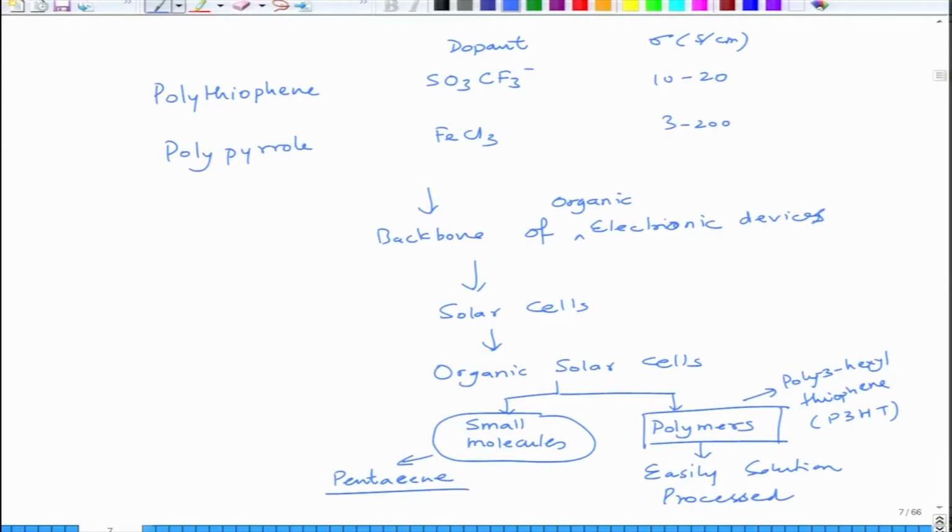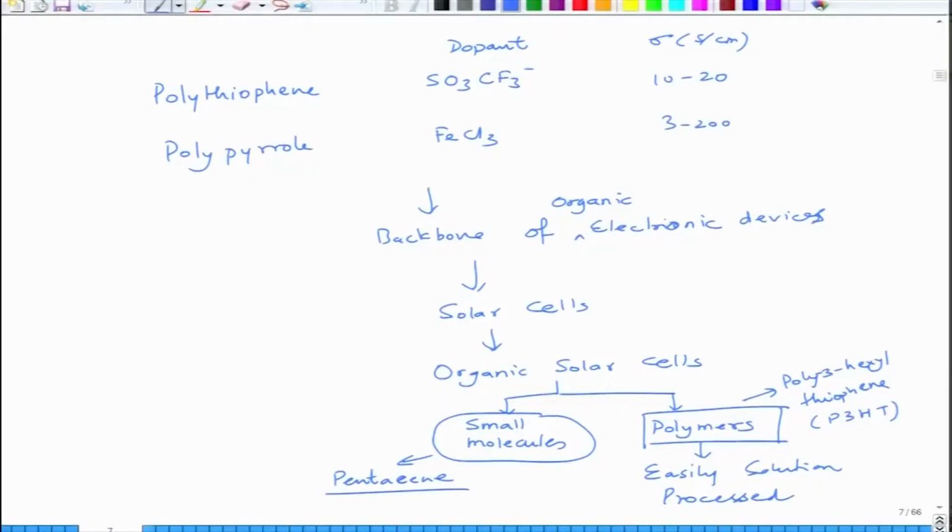We generally focus on polymers instead of small molecules in organic solar cell research, although there is no discredit to the small molecules community. There are a lot of good solar cells which have been made using small molecules, using both evaporation and solution deposition, but we will mainly consider polymer solar cells in this lecture.